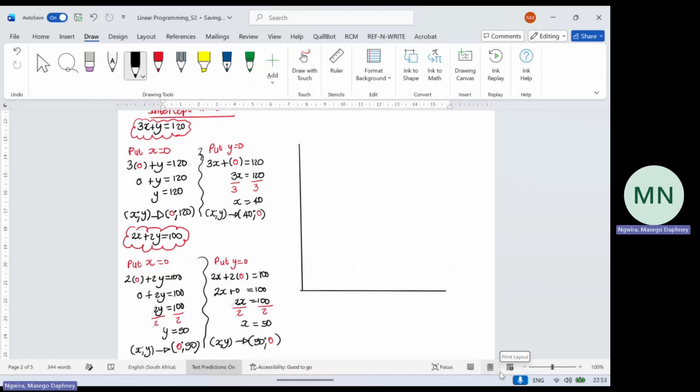So this is y, this is x. Just going to use this as my scale. I see I have 40s, 100, 50. So I'm just going to say 2, 4, 6, 8, 10 because I don't have space. So I'm just going to use that as my scale.